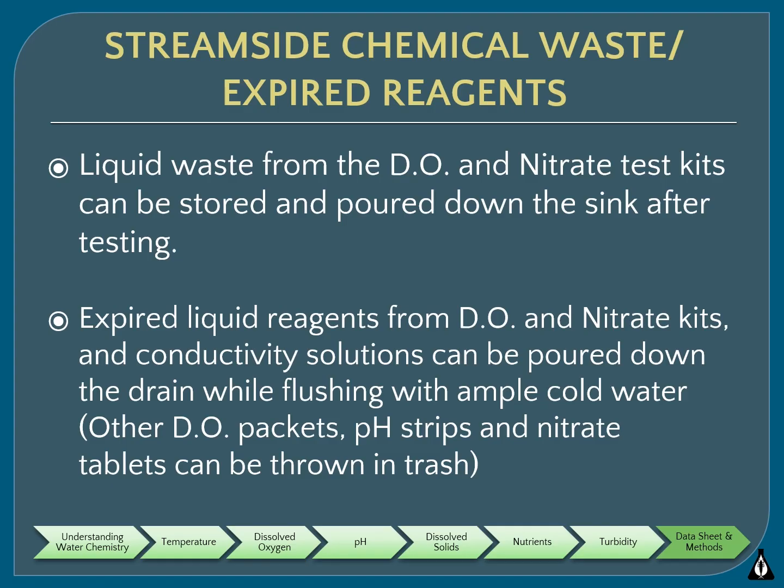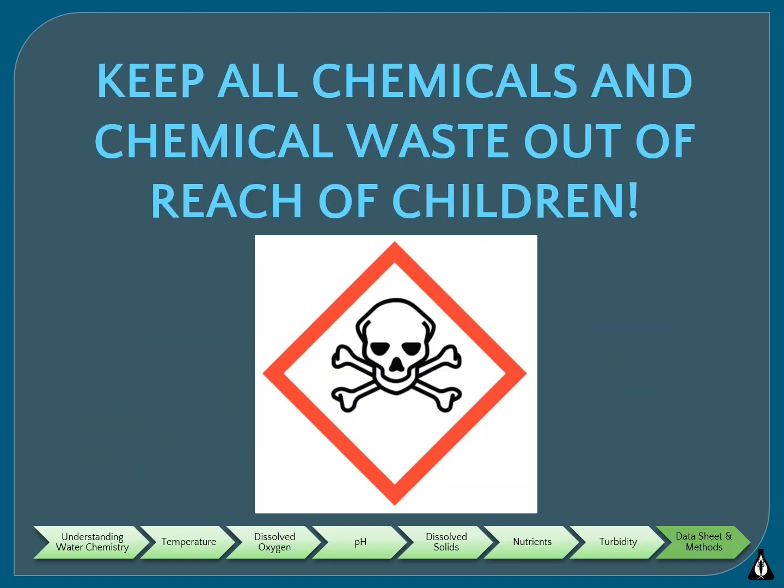All those can be either thrown in the trash if they're packets, or they can be poured down the drain while you flush with ample cold water. So it's just a reminder that we don't want pets or children getting near these chemicals, as they are not good for consumption or getting in the eyes and mouth area.